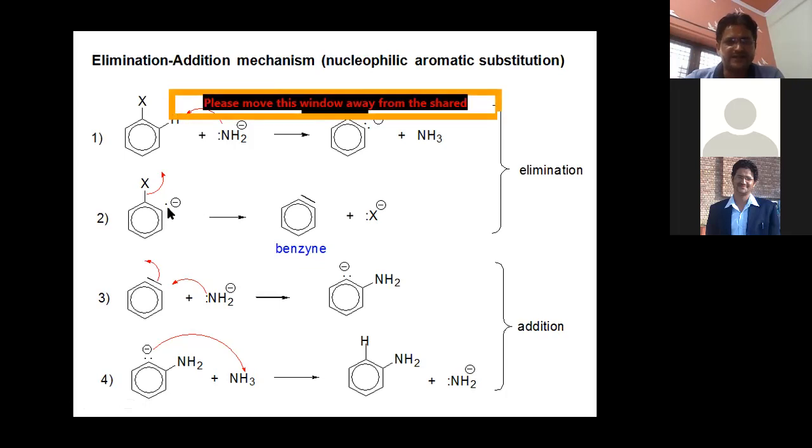Then after that, in the second step, you can see this intermediate carbanion loses its X minus. In this step, actually, it is a part of the first step.